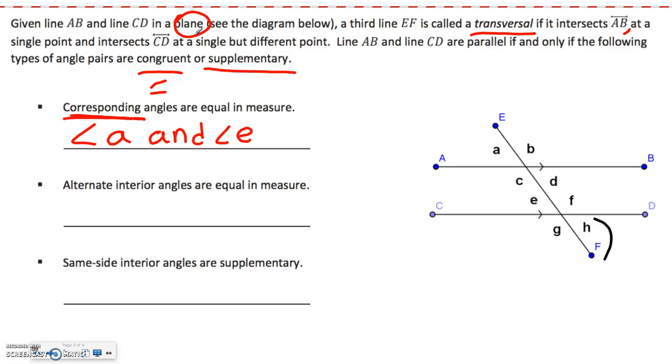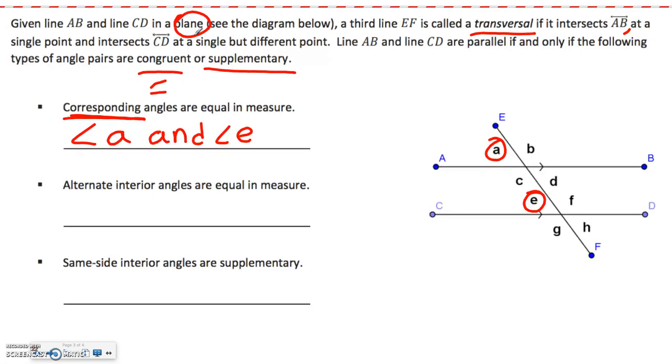Also notice where they're placed in the diagram. Here's A and here is E. Notice that these are in the exact same place. If I were to place one on top of the other, they would correspond with each other, okay? They'd be in the same exact area.